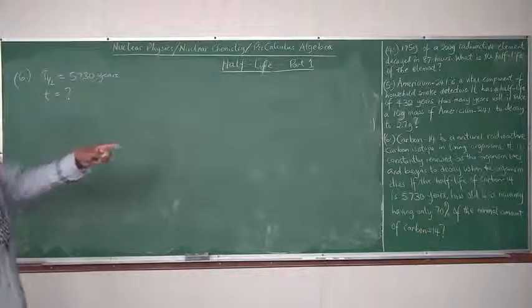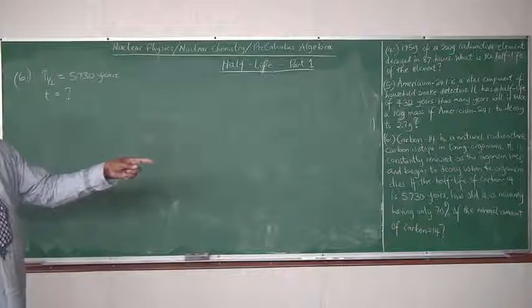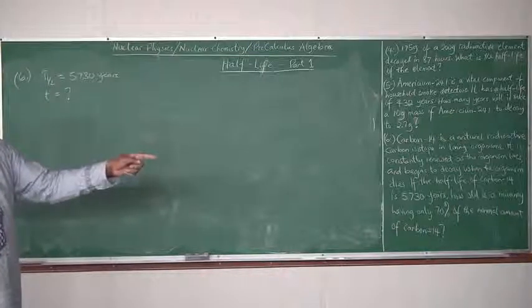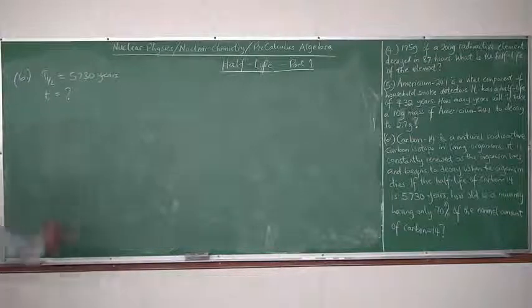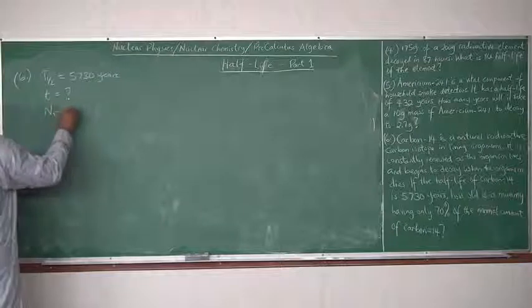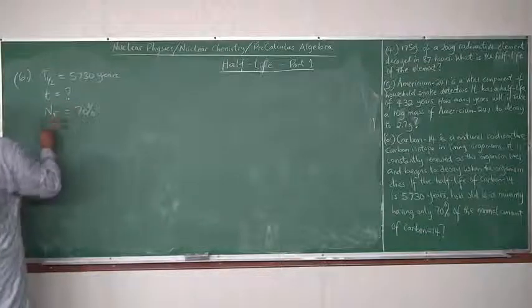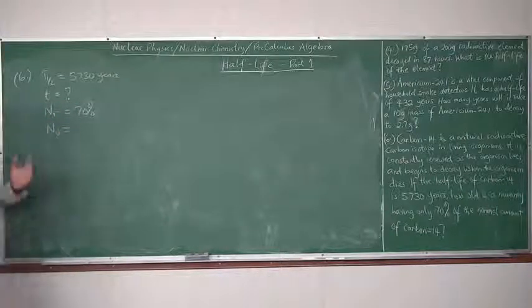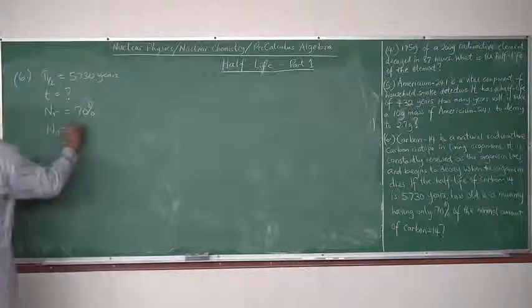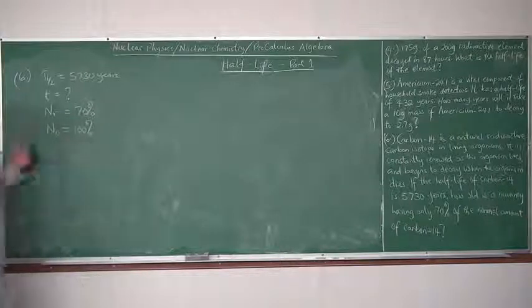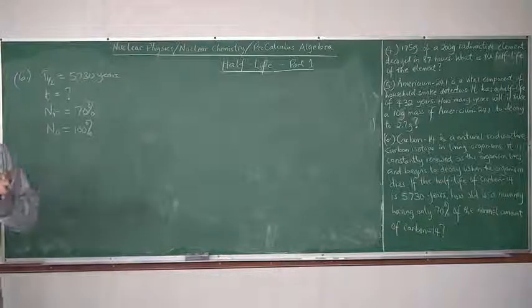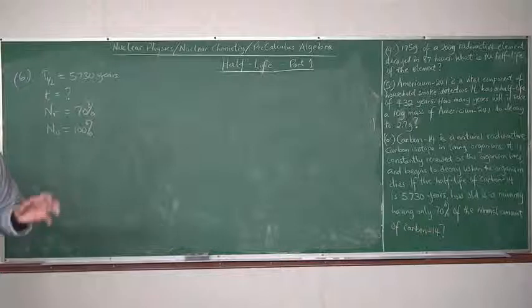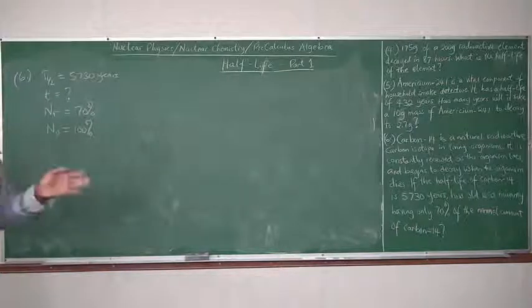In this case, 70% of the normal amount is the amount remaining. What is the original amount? What is the total percent? It's 100%. They did not give mass in gram or milligram or kilogram, as the case may be.